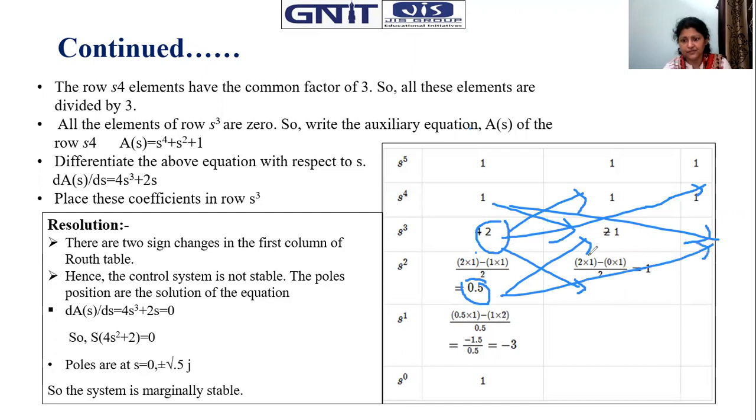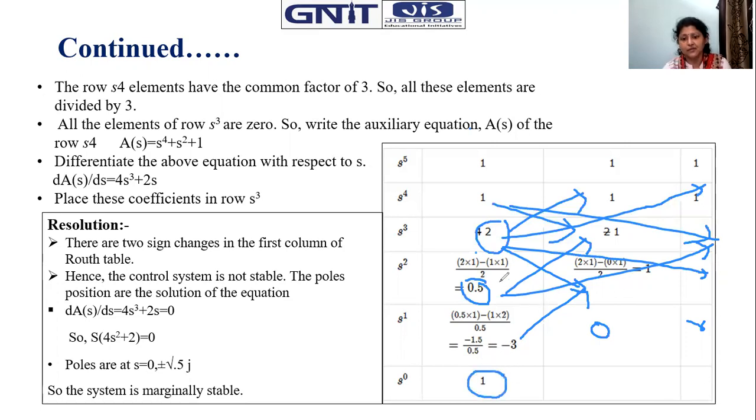Similarly, 0.5 into 0 minus 2 into 0, divided by 0.5, that will become 0. Again we are getting here minus 3. And then again we construct: minus 3 into 1 minus 0.5 into 0, divided by minus 3. So we are getting here 1.